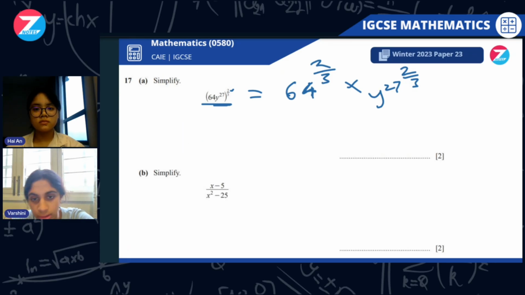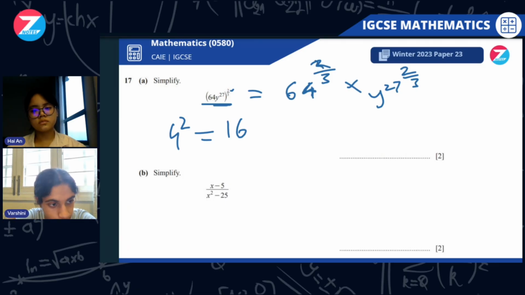We know that the cube root of 64 is 4, literally from the second question in the paper. But if you're confused, you could always double check. So that's just going to be 4 squared, which is 16, because once we take away the cube root, we only have the square left. Or you could just put 64 to the power 2 by 3 in your calculator, and you get 16.